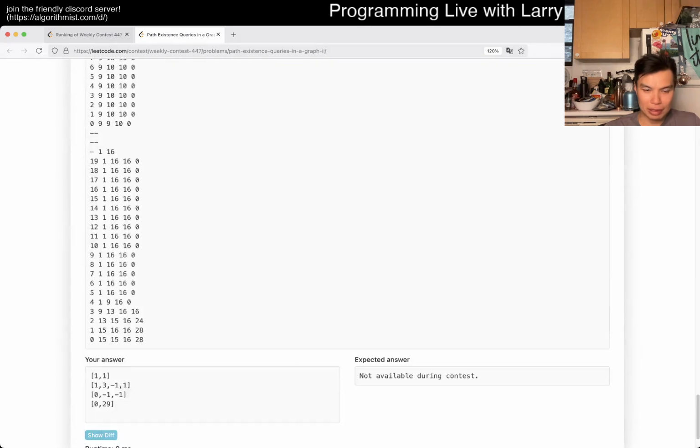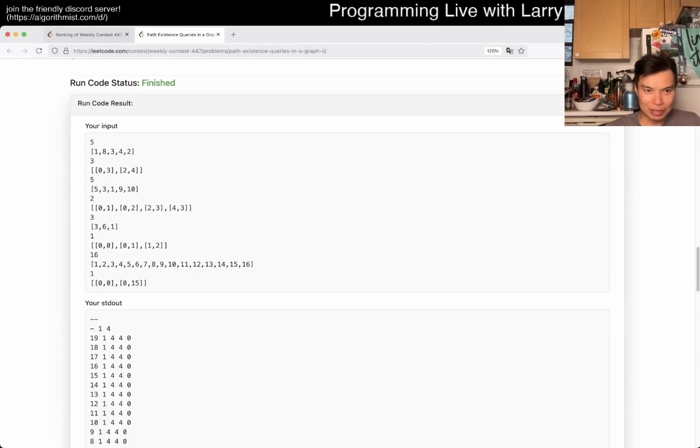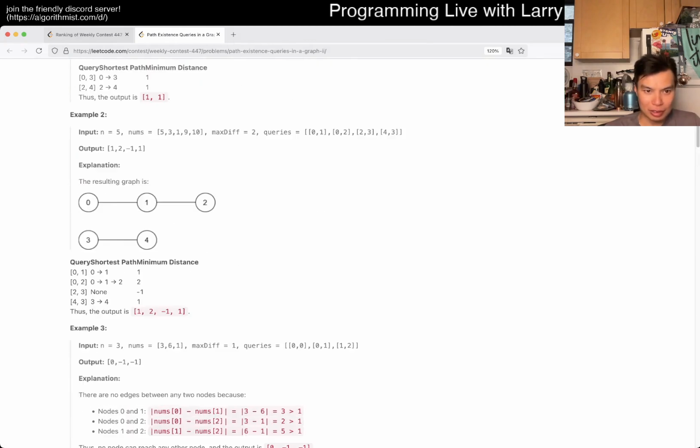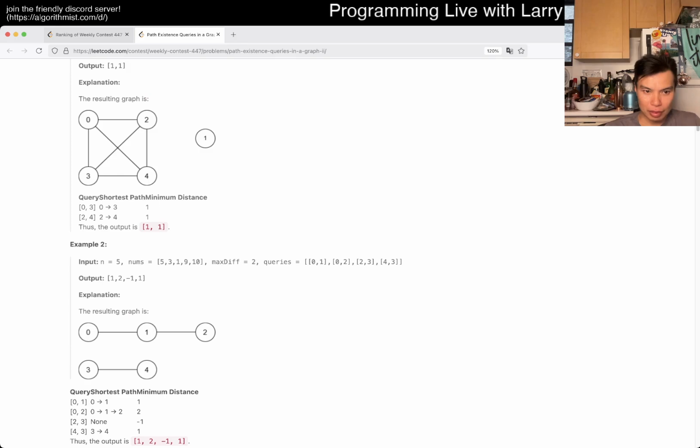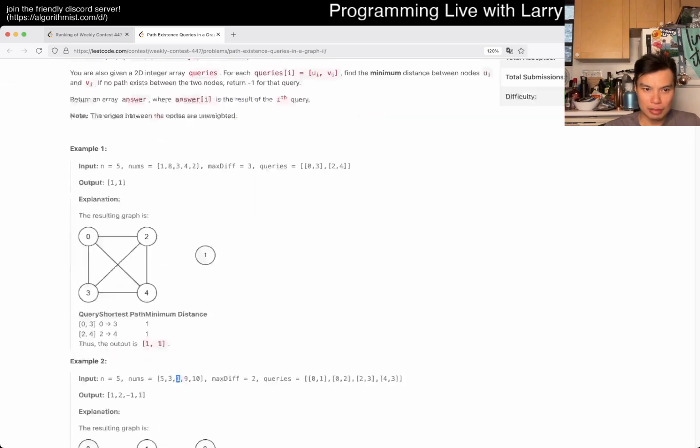I think that this is fine, but then I don't know why everything else is wrong. Okay, what is the second query? We're going from 0 to 2. There's no possible 3 anyway, but from 0 to 2, so 1 to 5. Widest thing is 3, so it's 1 to 5.